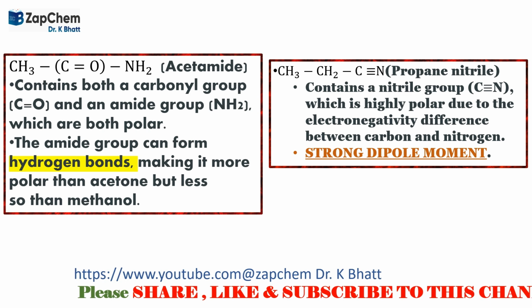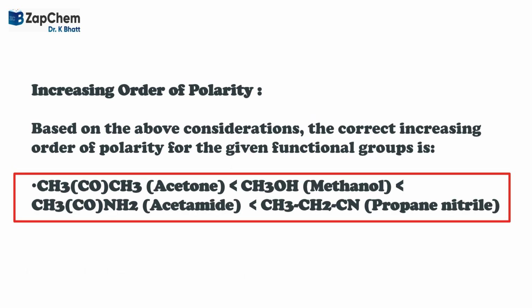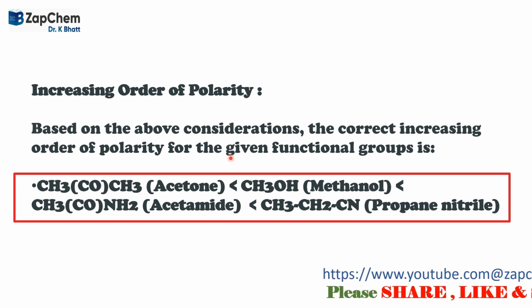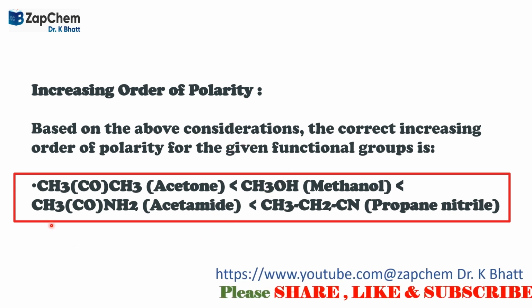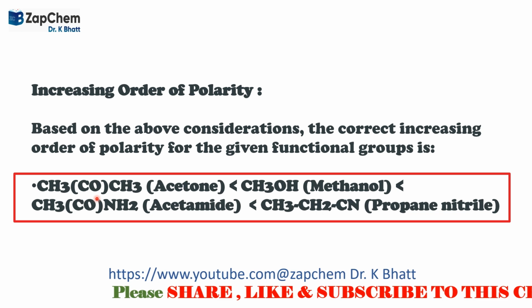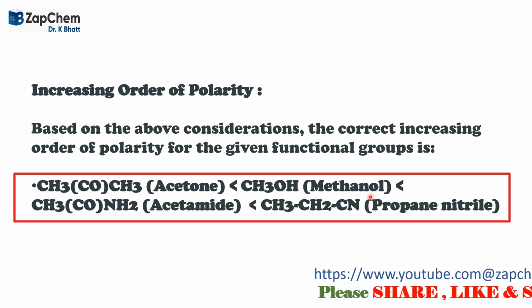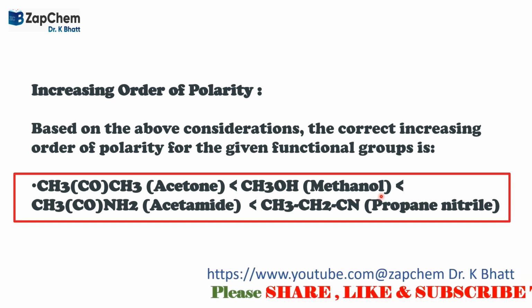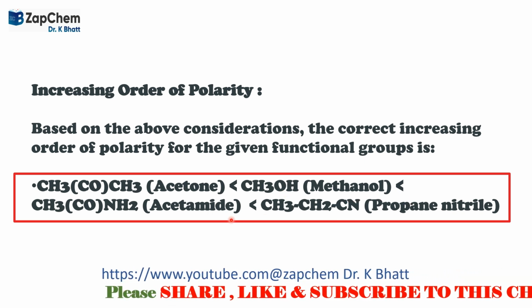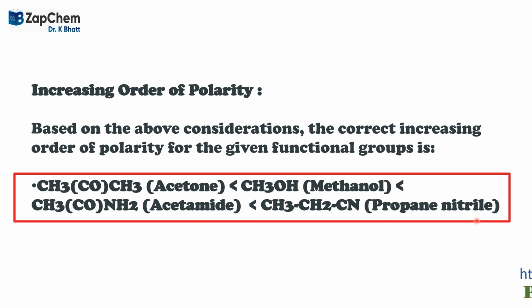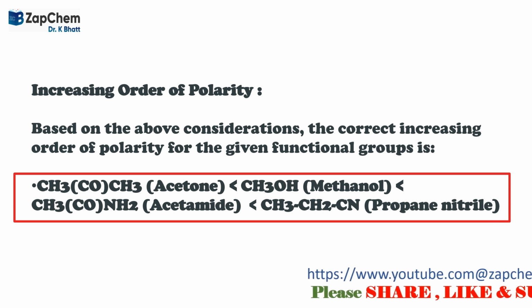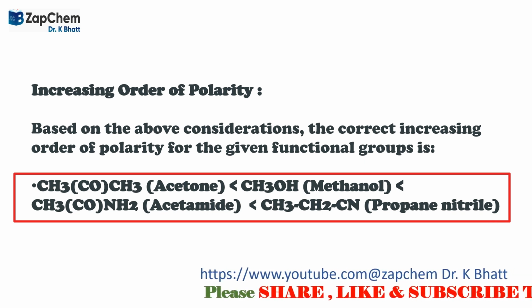So looking at all these considerations, the increasing order of polarity is: CH3COCH3, acetone, is least, and methanol is greater than acetone, which is again lower than acetamide, and propanenitrile has maximum polarity.